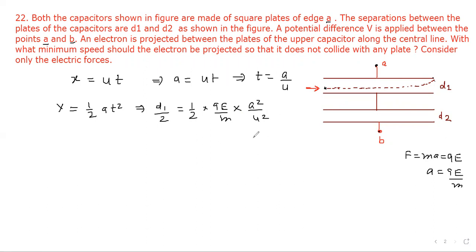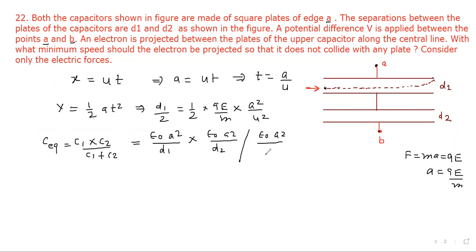Now, since both the capacitors are in series, the equivalent capacitance will be equal to C1 into C2 divided by C1 plus C2. So we put the capacitances: epsilon naught A square, which is area of the plate, divided by D1, times epsilon naught A square divided by D2, whole divided by epsilon naught A square divided by D1 plus epsilon naught A square divided by D2.